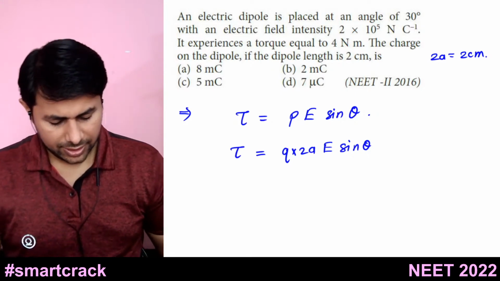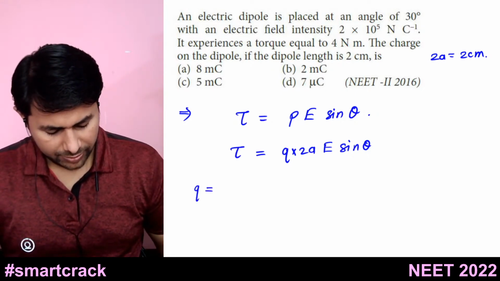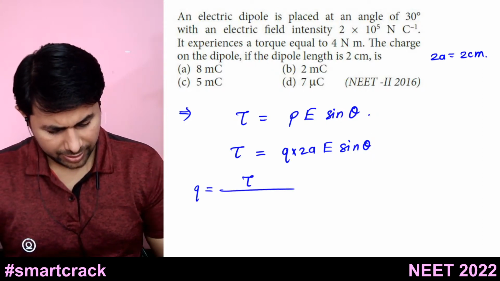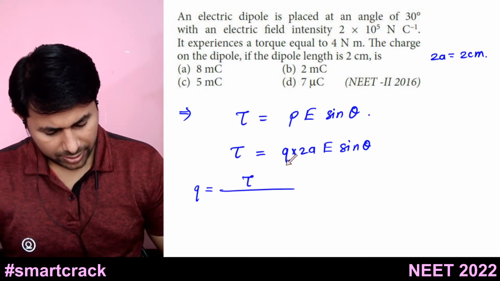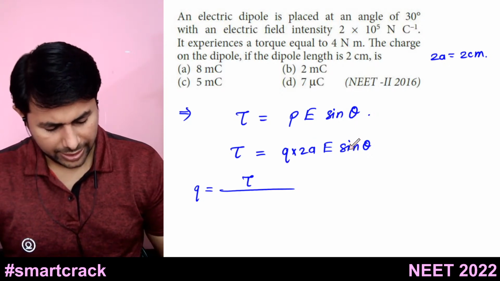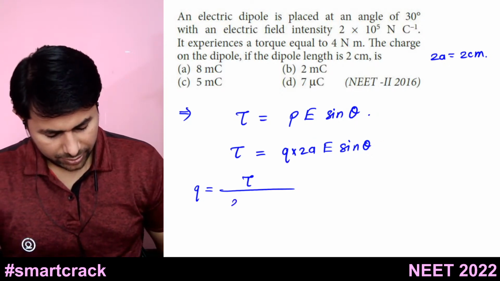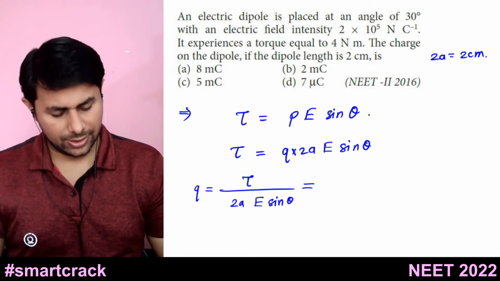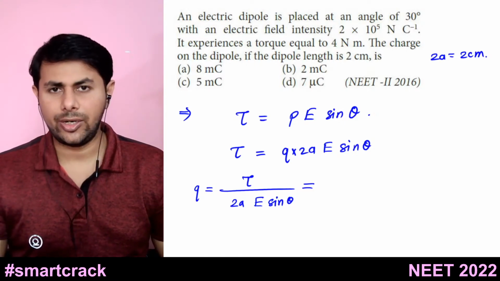So let's take the other things to the other side. We have q equals torque divided by 2a E sine theta, and let's substitute values. This is a very straightforward question.